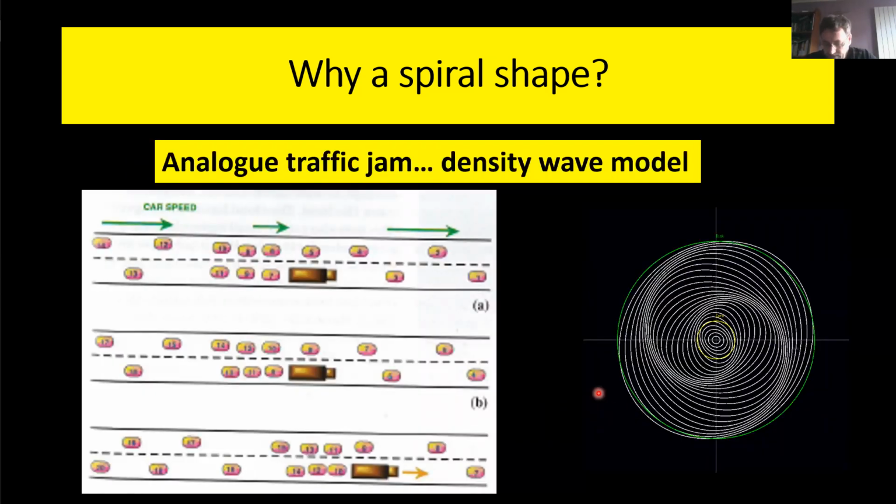In order for these arms to form, one theory is that you have ellipses that rotate, and then you occasionally need to hold the stuff that is coming from the back. This is some kind of traffic wave or traffic jam density wave model.